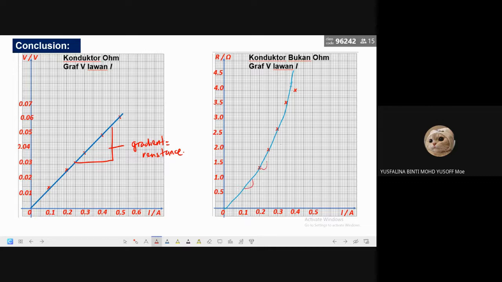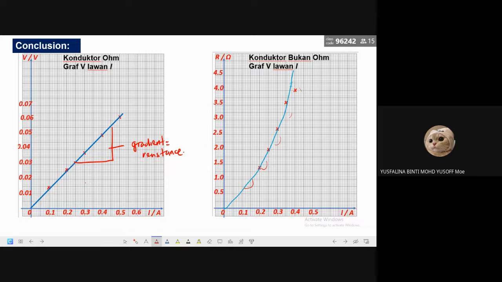The gradient keeps changing at all points, whereas for this one the gradient is constant. So when you draw the graph and get a straight line that passes through the origin, then this is the Ohmic conductor. But for this one, R against I, it is not an Ohmic conductor because you cannot get a straight line.